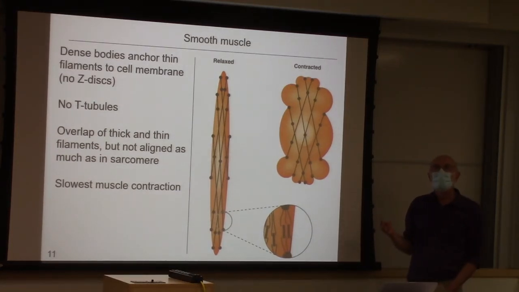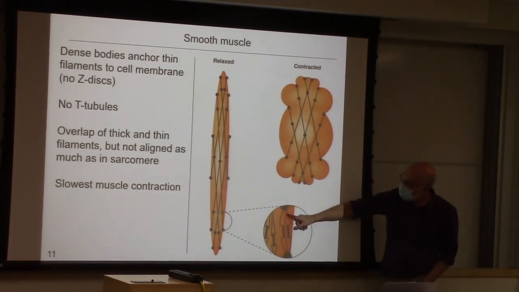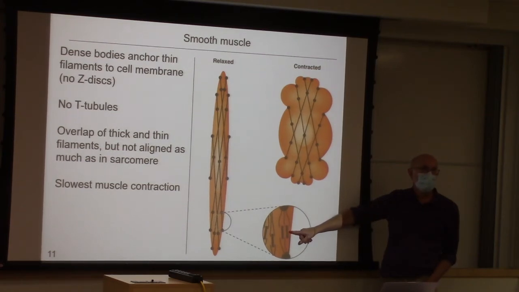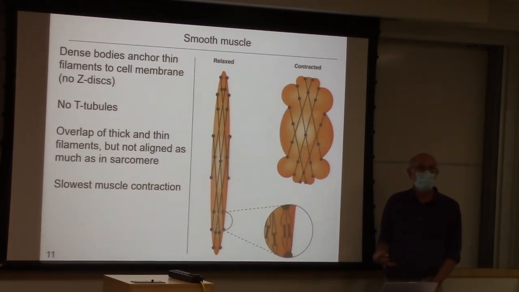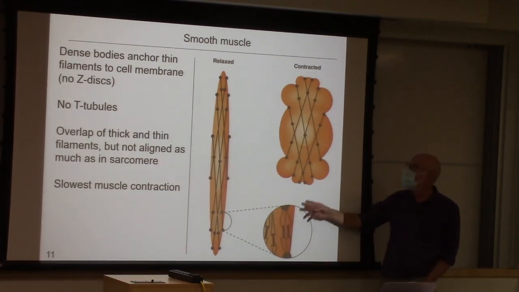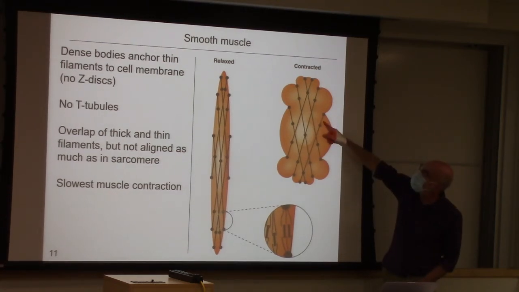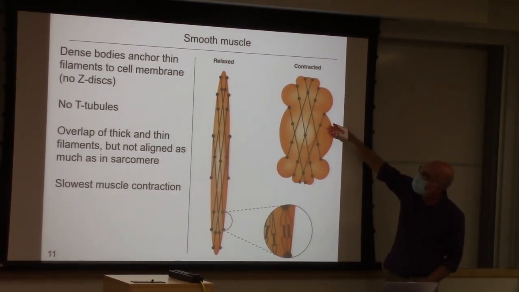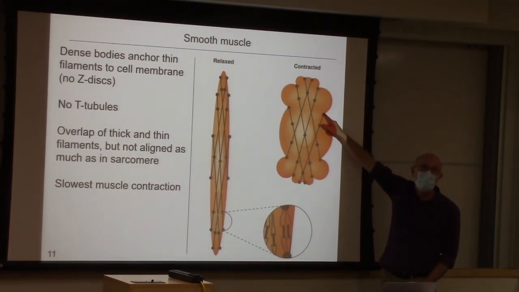Smooth muscle does not have sarcomeres, does not have Z-discs, but it does have actin and myosin that do the same thing as in skeletal and cardiac muscle. That is to say, the cross-bridge cycle exists, but the thin filaments are not connected to Z-discs. They're connected to dense bodies that are anchored to the membrane.